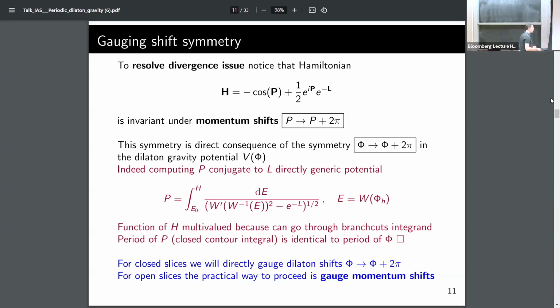Sorry to interrupt, but P was the quantity canonically conjugate to L. Yes. So L is naturally going to be quantized. Precisely. Wait, but the P has the shift, doesn't that mean L has redundancy? Yes, that's... What's the relation between L and phi?